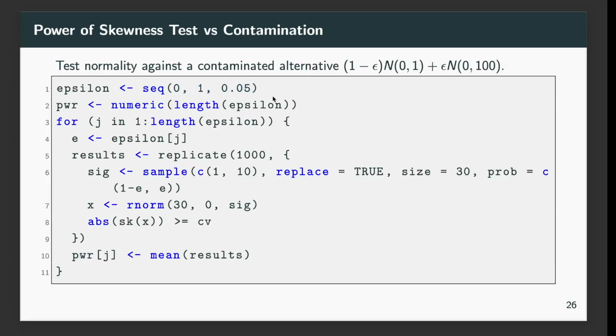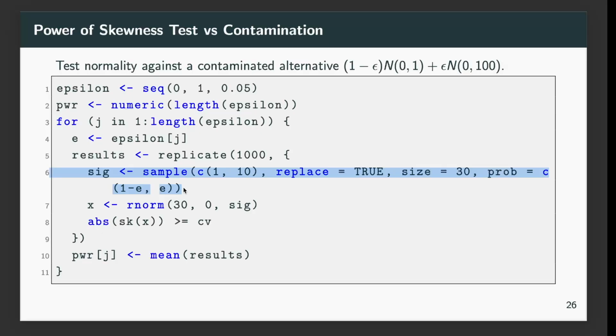In each of the replicates we derive the standard deviation sigma for each of the 30 observations, with the probability of 1 minus epsilon and epsilon. And then from there we generate 30 random numbers, with a mean of 0 and the standard deviation equal to the sigma that we introduced in the above line.